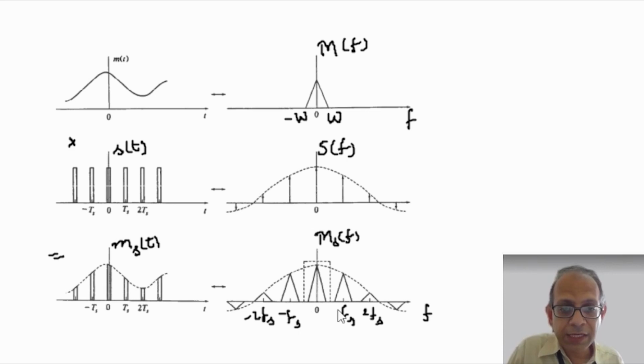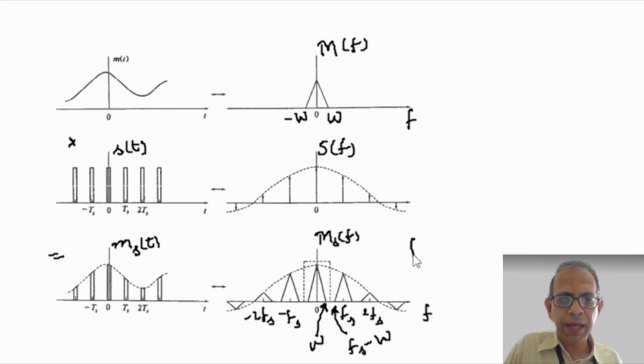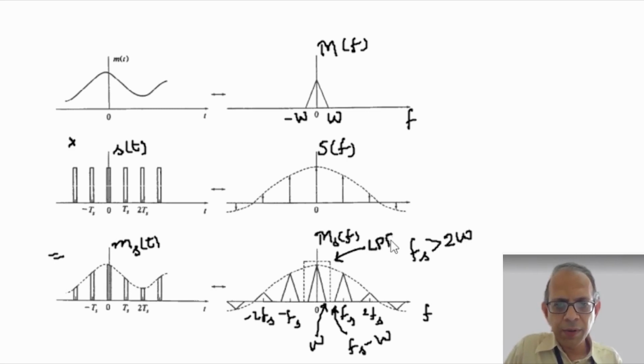Still, as long as the successive copies of the spectrum do not overlap, this is fs minus W and this is W. So as long as fs minus W is greater than W, that is fs is greater than 2W, these two copies do not overlap, and we can still use a low pass filter to extract the original spectrum and therefore recover the original message signal perfectly.